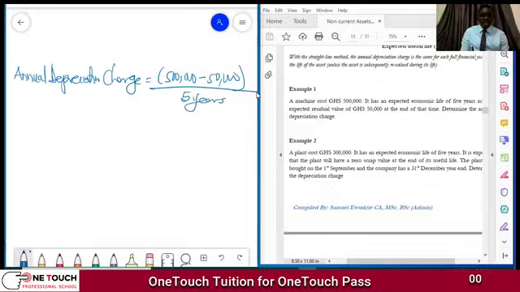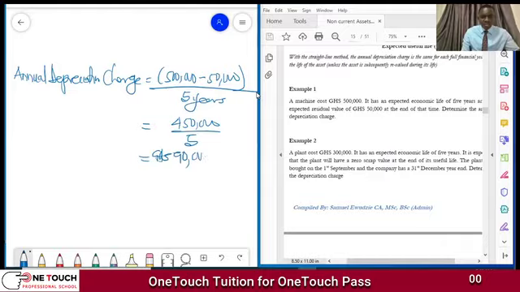So this gives us 450,000 divided by 5, and that gives us 90,000 Ghana cedis each year. Now let's look at example 2.